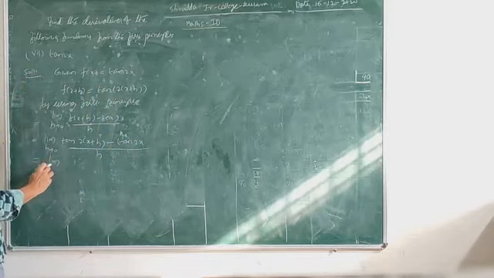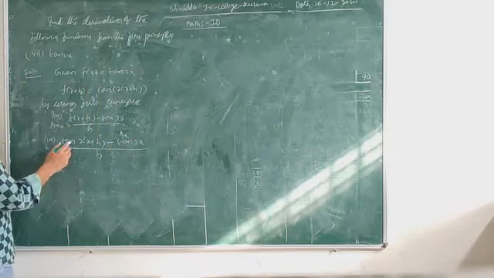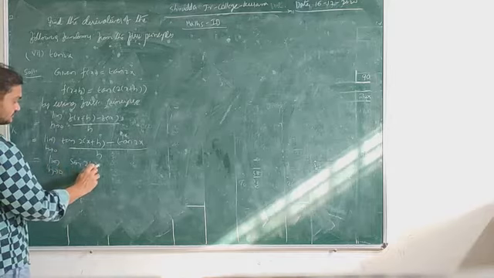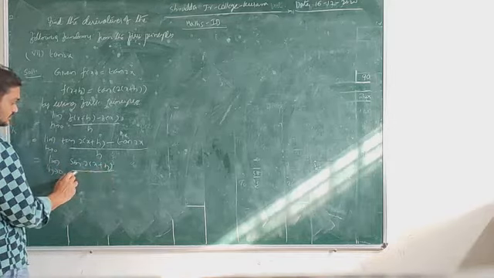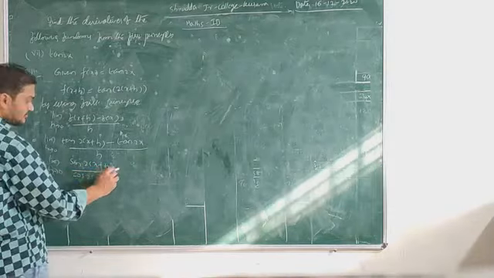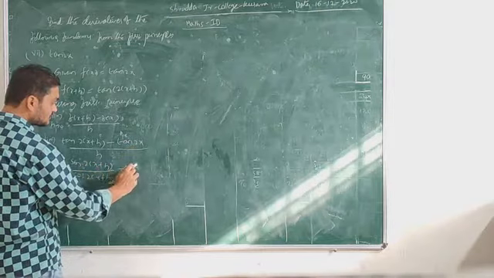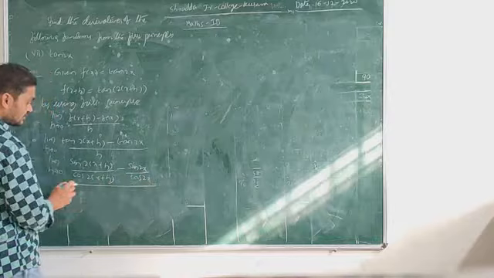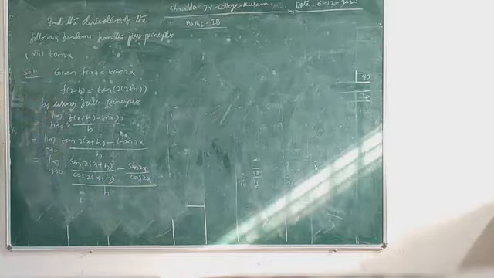So this equals limit h tends to 0. Tan theta means sin by cos. Sin 2 into x plus h by cos 2 into x plus h, minus tan 2x, that is sin 2x by cos 2x, by h.